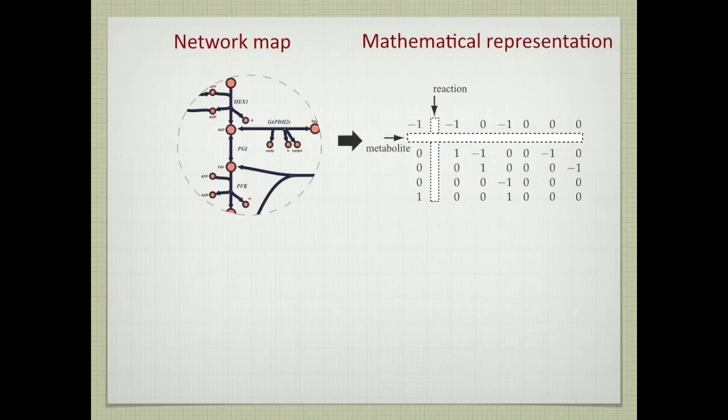A network reconstruction is a knowledge base. It's not a database. It's conclusions, statements that are derived from a lot of different data types. Hexokinase phosphorylates glucose, and here's the reaction. That's knowledge. Here is the gene that encodes that enzyme, and here is the amino acid sequence. Here is the genomic location.